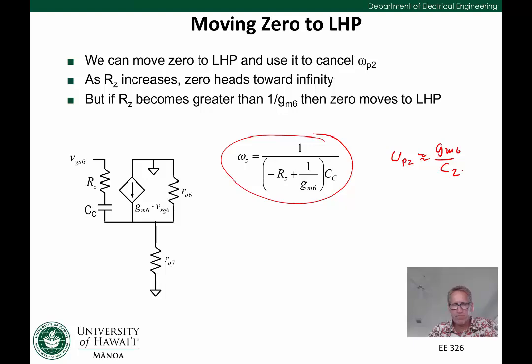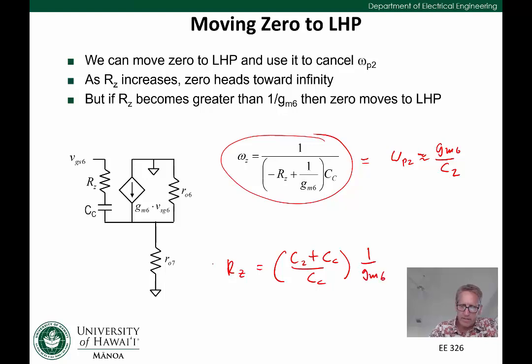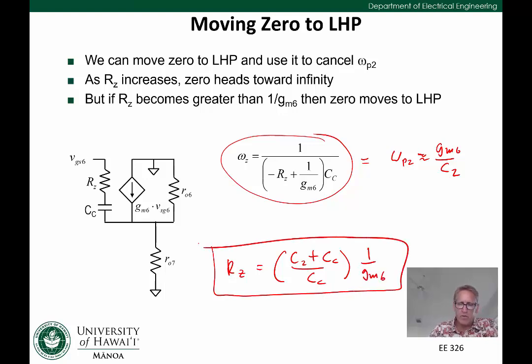If we set these equal and solve for the rz that we need, we end up with rz equal to (c2 plus cc) over cc times 1 over gm6. In that case, we could completely cancel our second pole and we'd be left with a very robust phase margin.